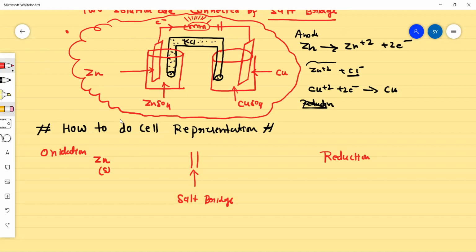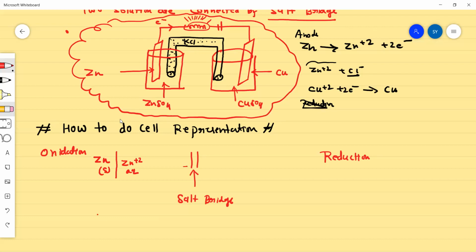Zinc is in contact with its own ion, that is Zn+2, and the physical state is aqueous. When you have two different states, that is solid and liquid or solid and gas, they need to be separated by a single vertical line, and then there is a double vertical line. So I just need to place this double vertical line very close to this.